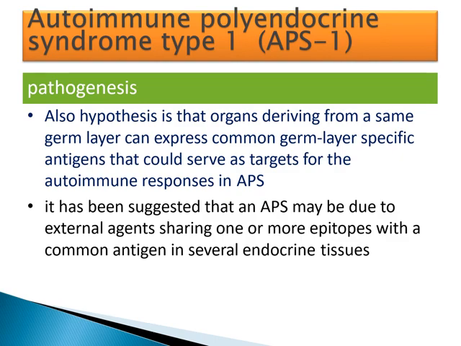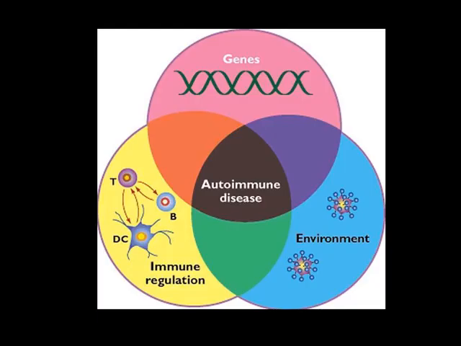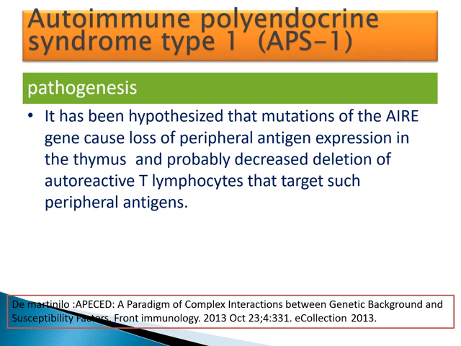This diagram shows that genes, genetic factors, environmental factors, and immune regulation all combine to make the autoimmune disease occur. It has been hypothesized that mutations of the AIRE gene cause loss of peripheral antigen expression in the thymus and probably decreased deletion of the autoreactive T lymphocytes that target such peripheral antigens.